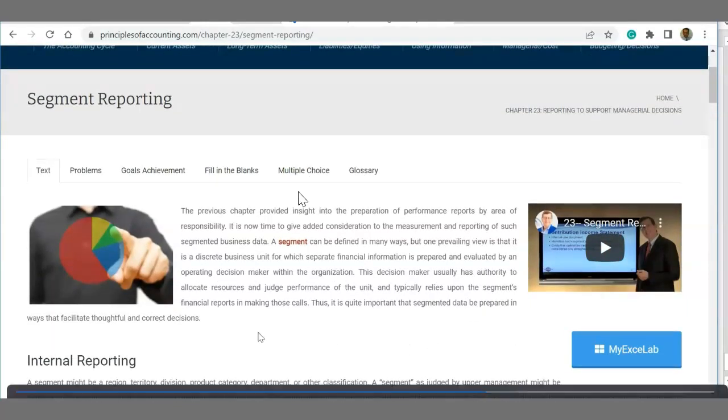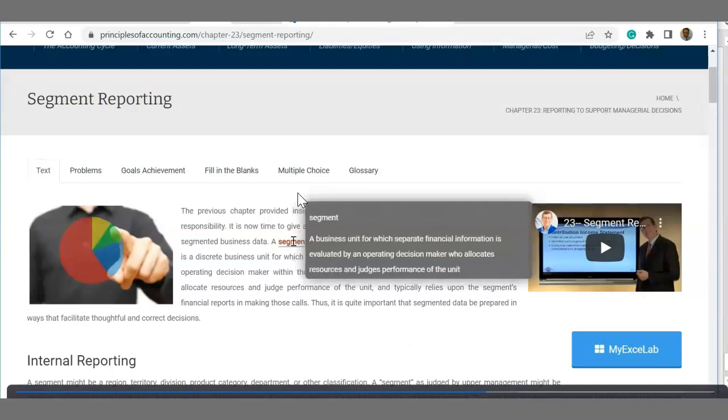Okay, what is segment reporting? A segment is a business unit for which separate financial information is evaluated by an operating decision maker who allocates resources and judges the performance of that unit.